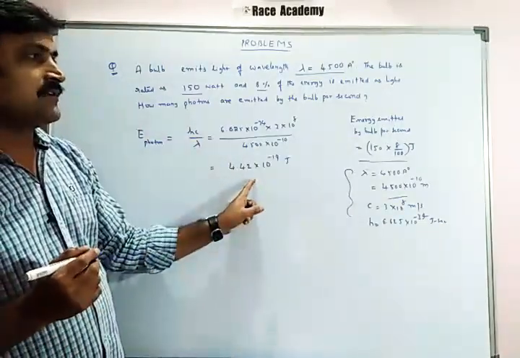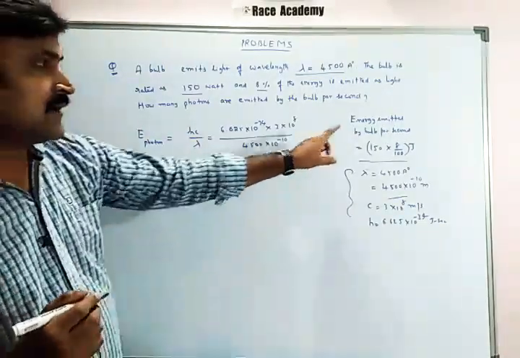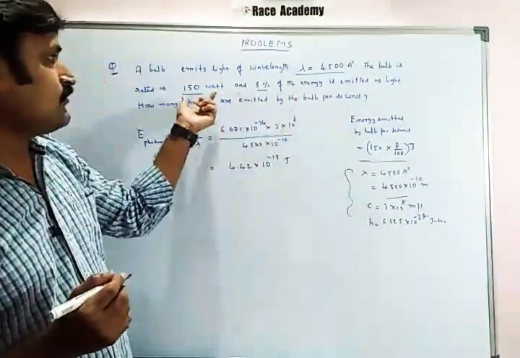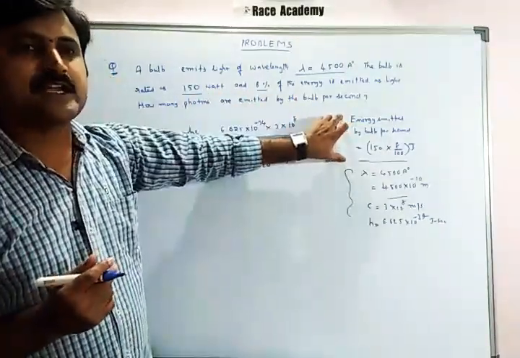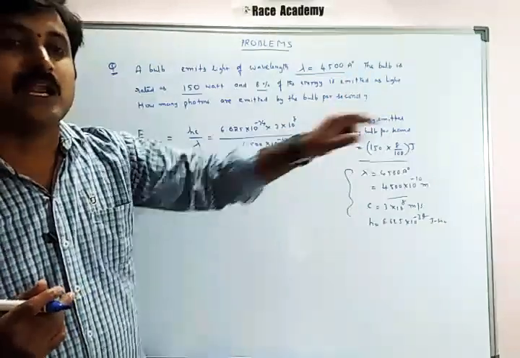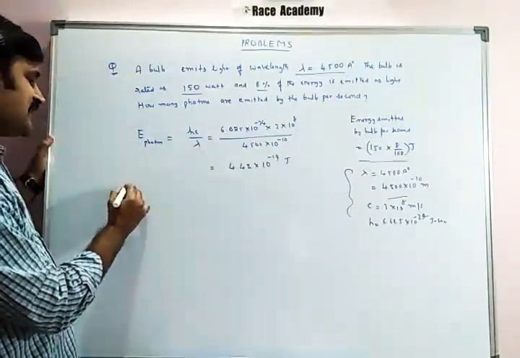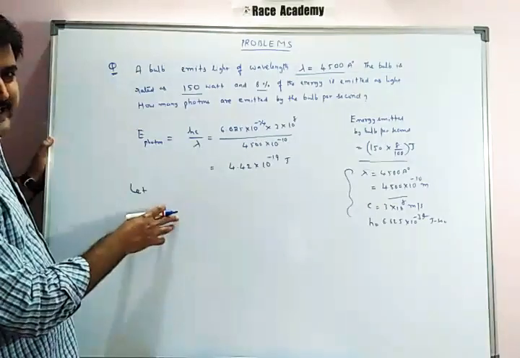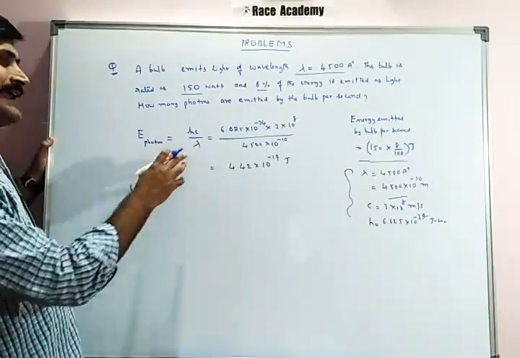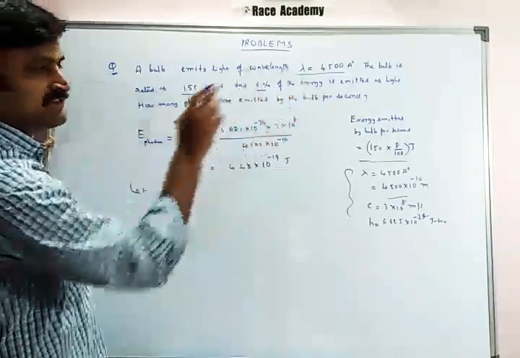But here, first from this 150 watt 8%, we have calculated the energy emitted per second by the bulb. Okay, that means if you consider the number of photons is n, then nhc by lambda is equal to that value.